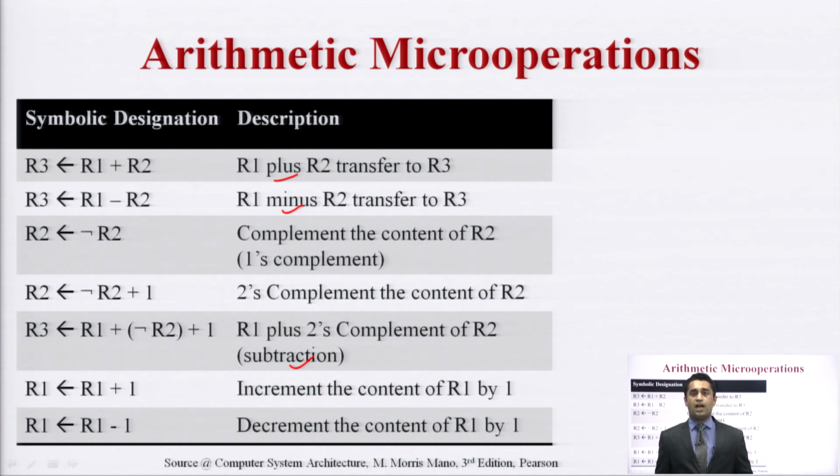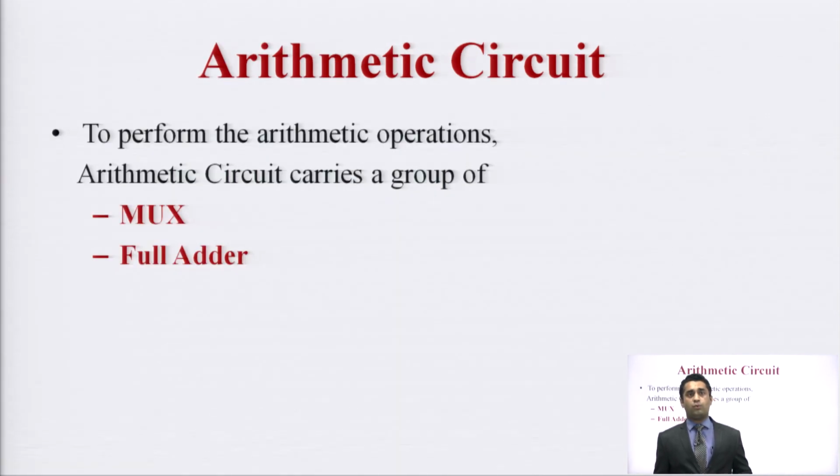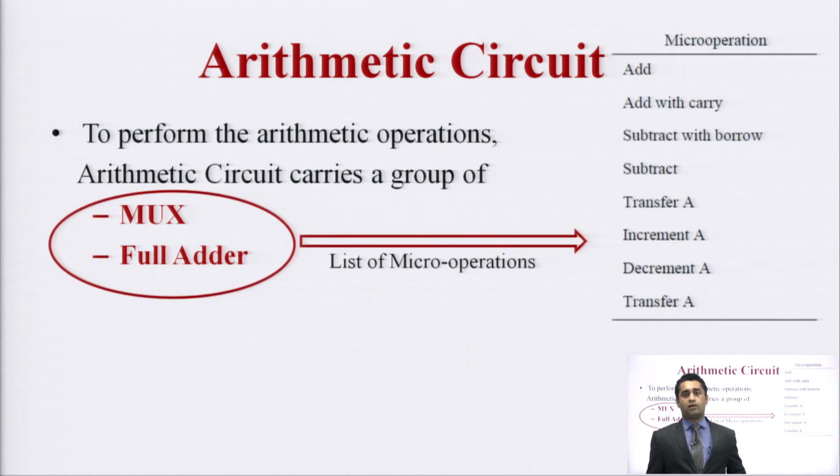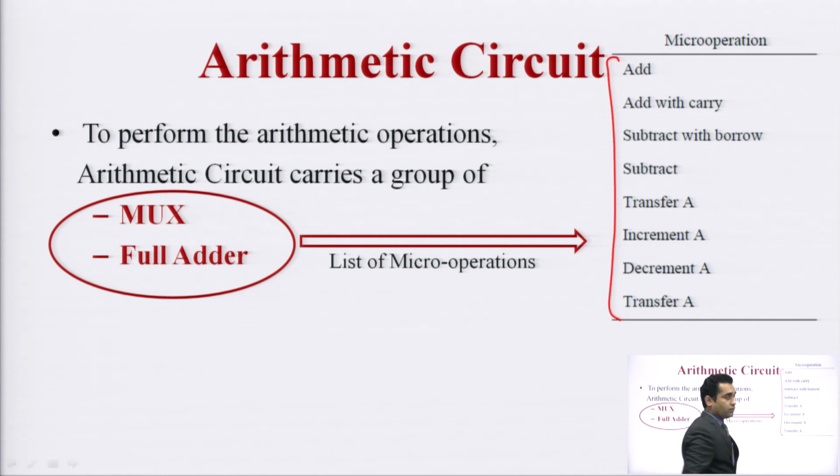For this, we have a specialized hardware circuit, and this hardware circuit includes a group of multiplexers and full adder. This group of multiplexers and adder is used to execute this many micro operations. Now one by one we will see what these micro operations are and how the circuit is going to execute them.